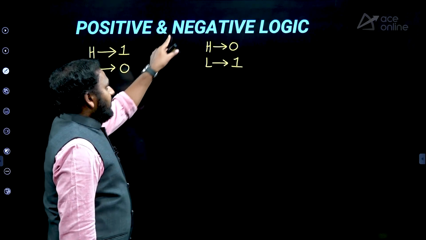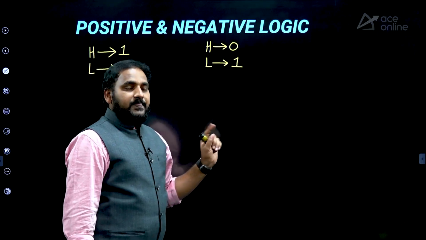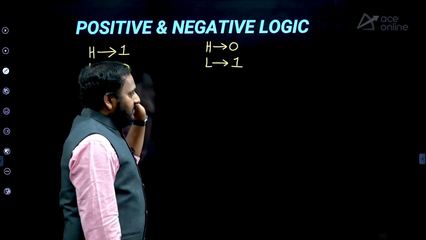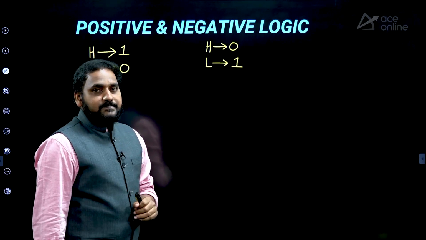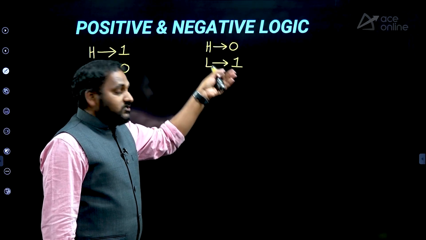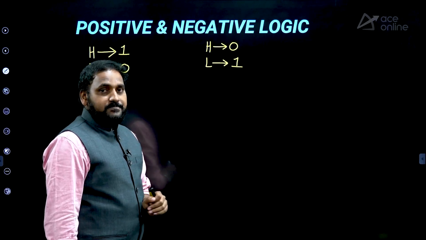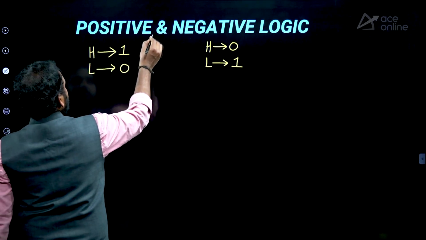Even if the question is given for negative logic, you don't worry, just initially ignore it completely. It may be a circuit, or it may be something like that, okay? Whatever it may be, just initially try to ignore it. First you just focus on the positive logic.